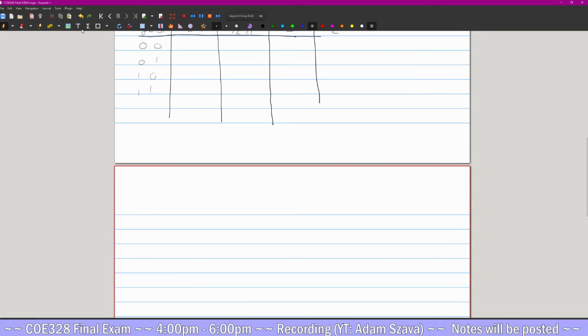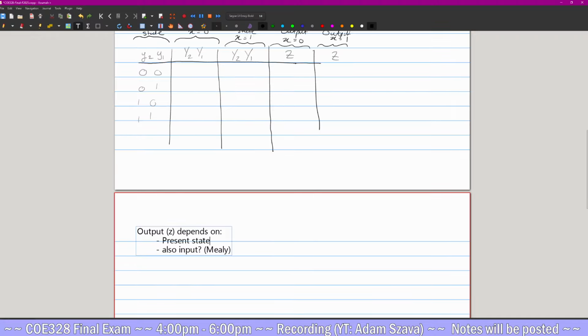So let's remember that: for a Mealy machine, the output depends on the present state, always, and also on the input. Output Z always depends on present state, but if it also depends on input, then it's a Mealy machine.